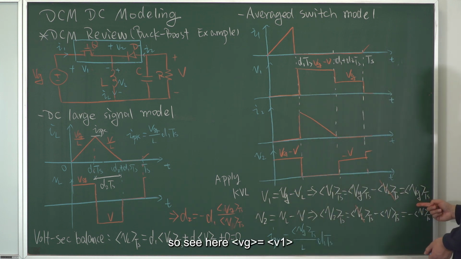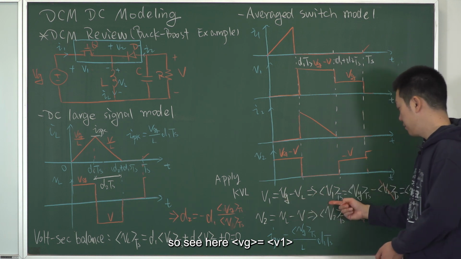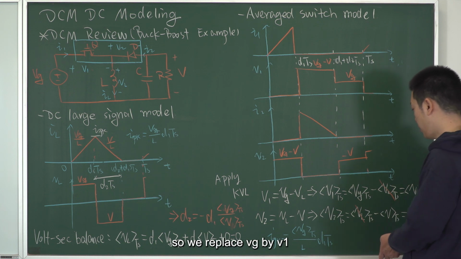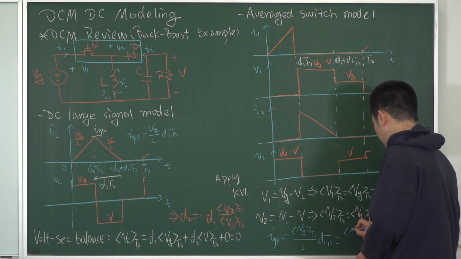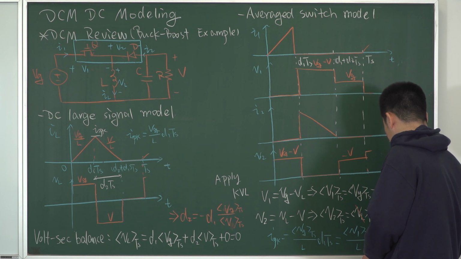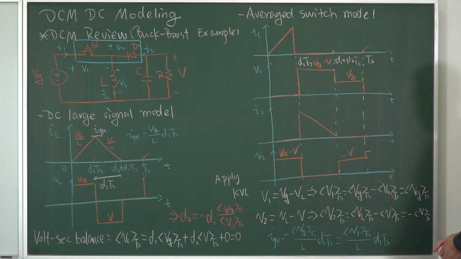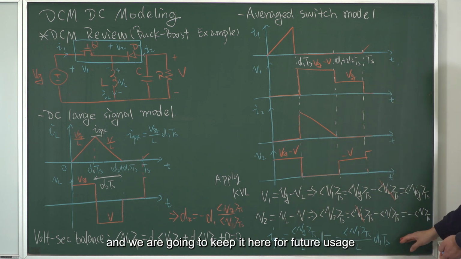See here, the input voltage average equals V1 average. So we replace Vg by V1. And we are going to keep it here for future usage.